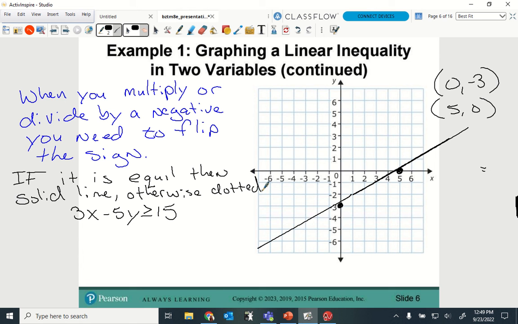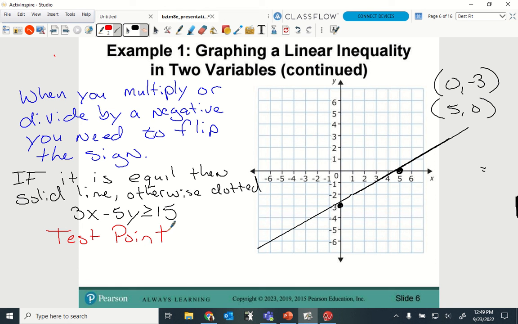Okay, so now the next thing we're going to do is called a test point. So graphing this by hand is super easy. Okay, we're going to do a test point. So we're going to figure out, because this is an inequality, that it is not just the one solution.